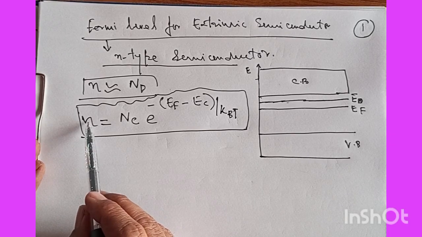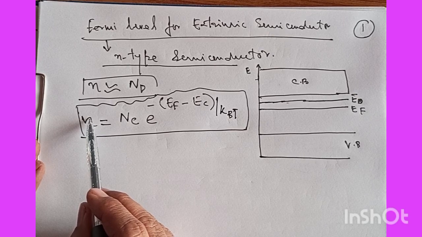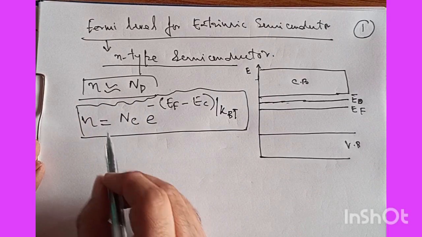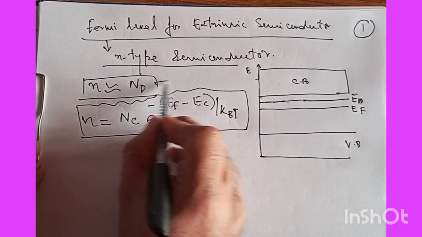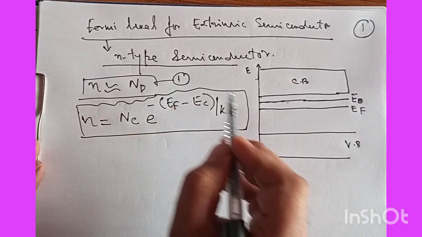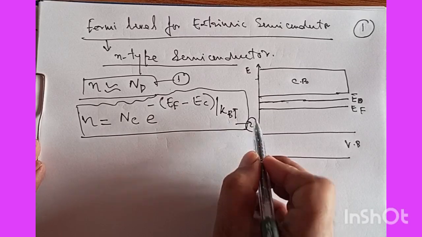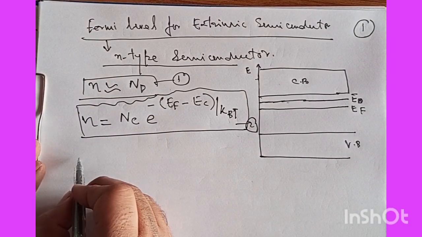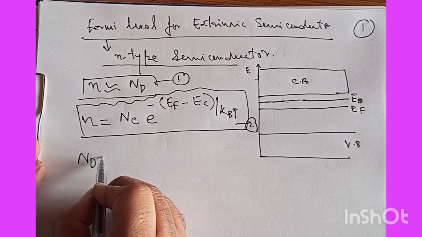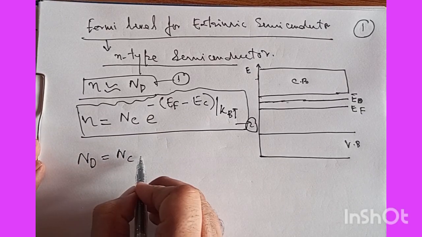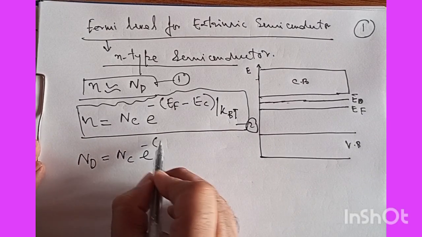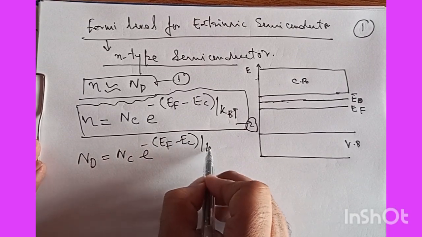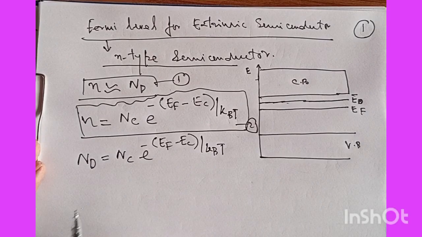Here this n is closely equal to Nd, as I have proposed this approximation. So I can use Nd for this n. What I get is Nd equals Nc e to the power of minus (EF minus EC) by kBT.